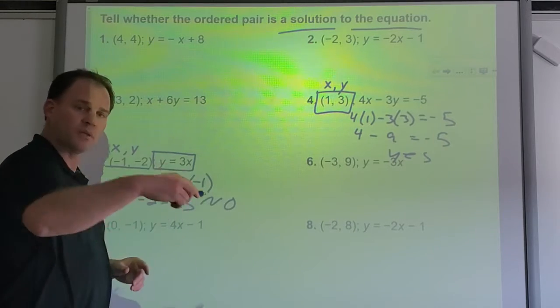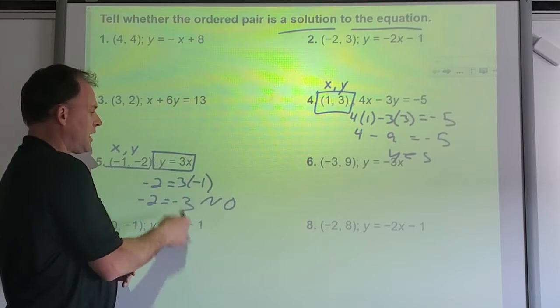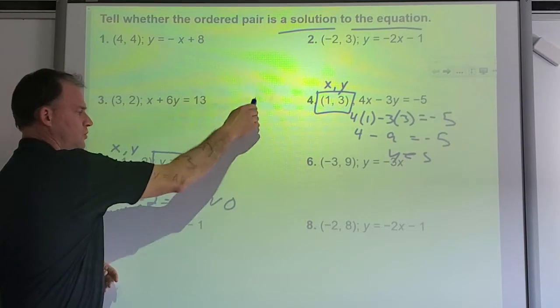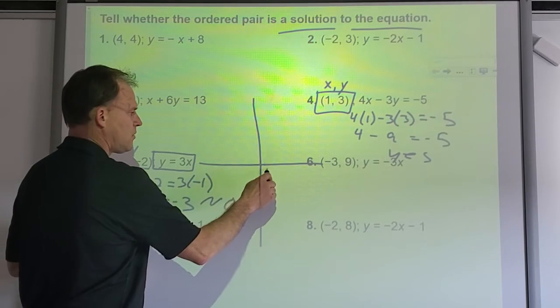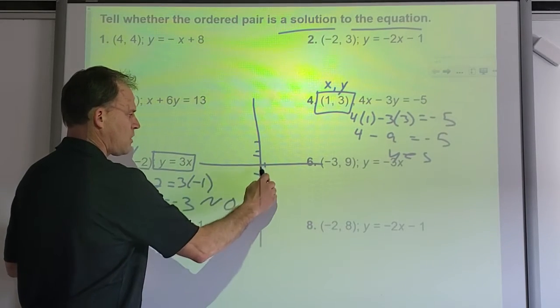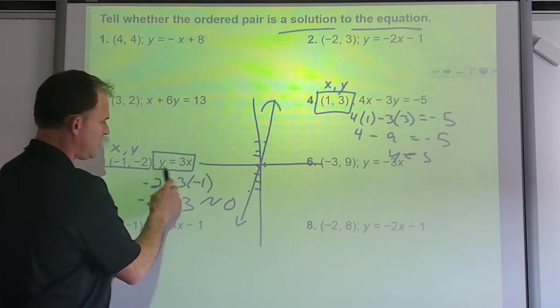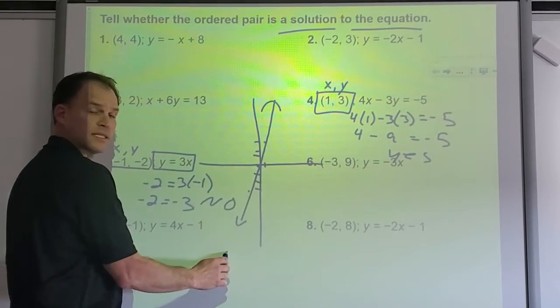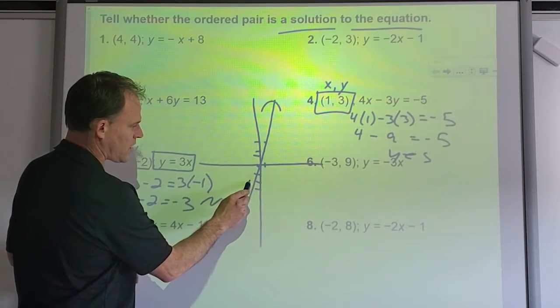Remember from the last chapter, whenever you have two variables, that's a line. I could graph this if I wanted to. To show you what I'm talking about, this line looks like this. This equation makes this line. This point, negative 1, negative 2, is right here.